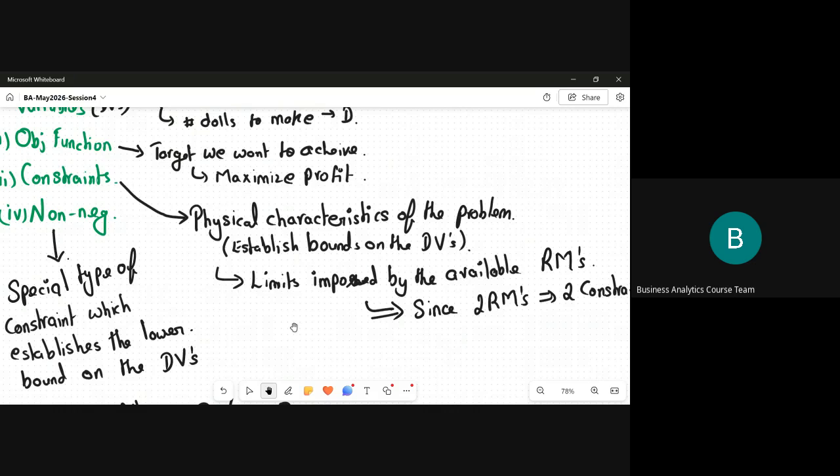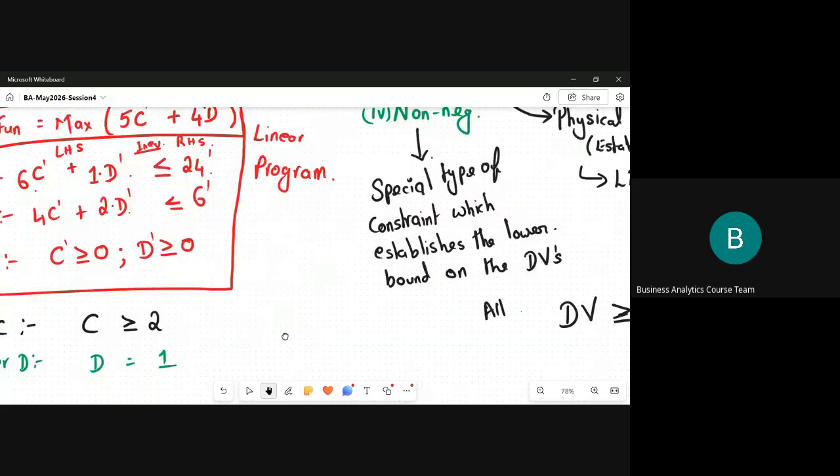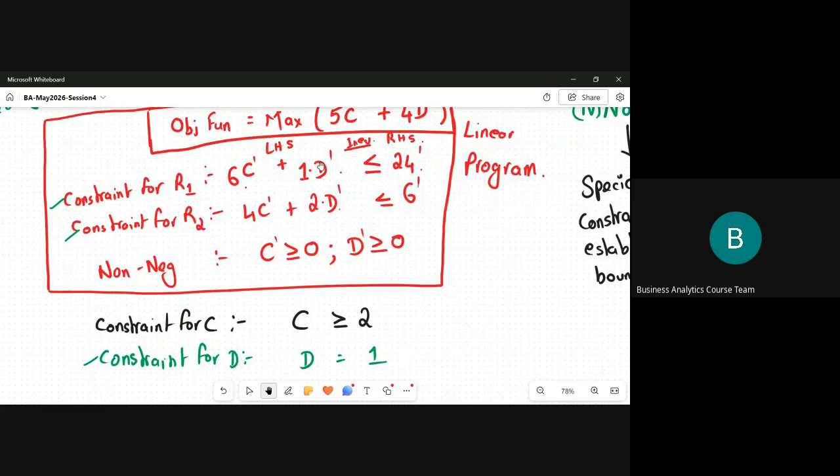I must make exactly 1 doll, so my decision variable for doll must be equal to 1. So any physical characteristic of the problem that is imposed will always sit as constraints in this model. And the beauty of this is, whenever you have a constraint of the type greater than or equal to in a maximization problem, this non-negativity constraint becomes redundant.